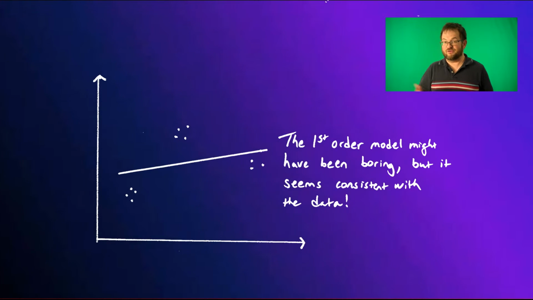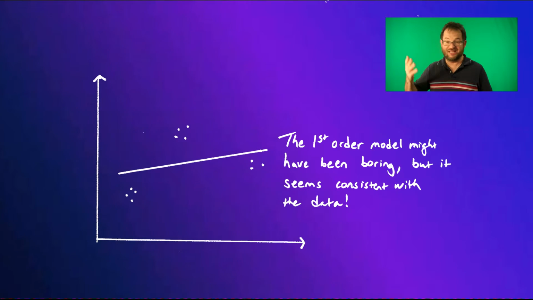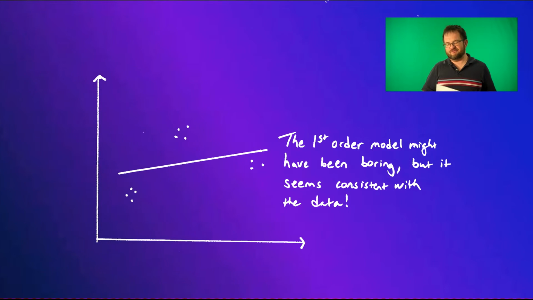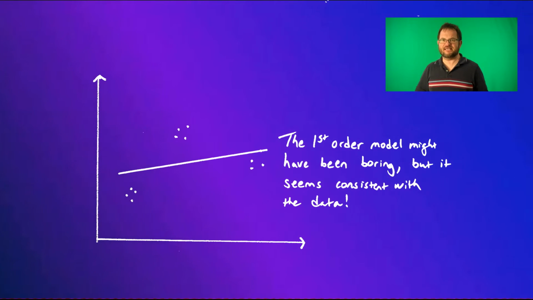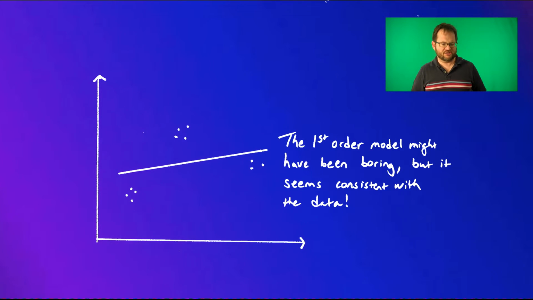That first order model shows us that the x values range over this range, and the y values range over that range, and that's basically all we know. It may not have been the sexiest, but it definitely was consistent with what the data was telling us. Yes, we could make a model that had even higher correlation, but it just wasn't telling us much of anything about what the data actually said.